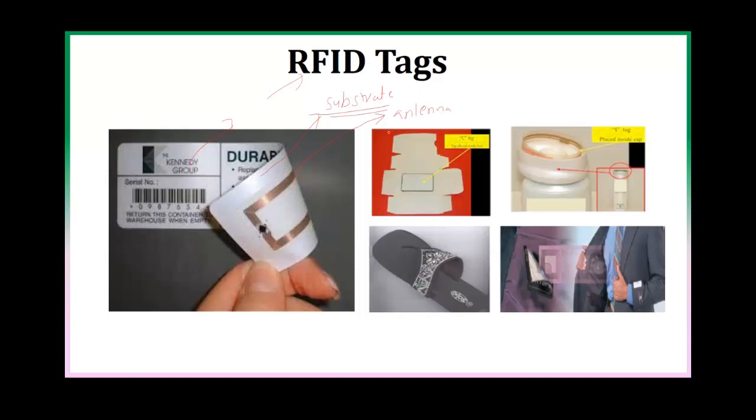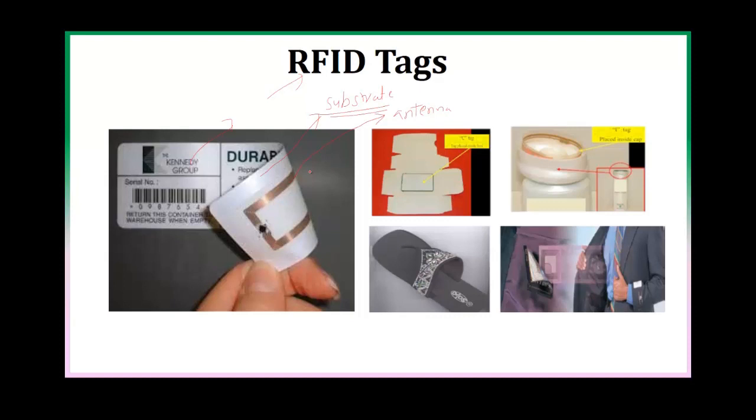These antennas could be printed, etched, or stamped. There are different mechanisms: if you want a durable, fixed kind of thing, you can do that. If you want to etch it, you can etch it. If you want to print it, you can print it. If you want to stamp it, even that could be done.